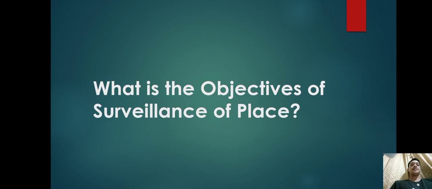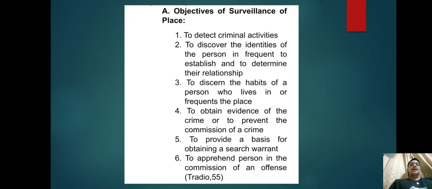What are the objectives of surveillance of place? Number 1, to detect criminal activities. Number 2, to discover the identities of the persons who frequent the place, to establish and to determine their relationship. Number 3, to discern the habits of a person who lives in or frequents the place.